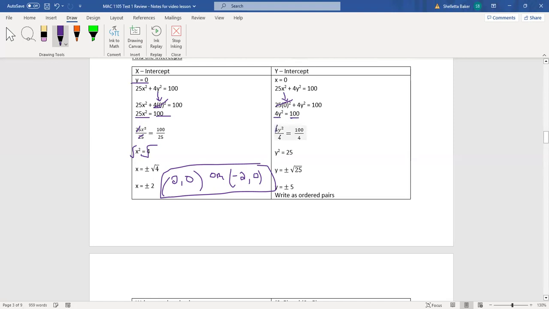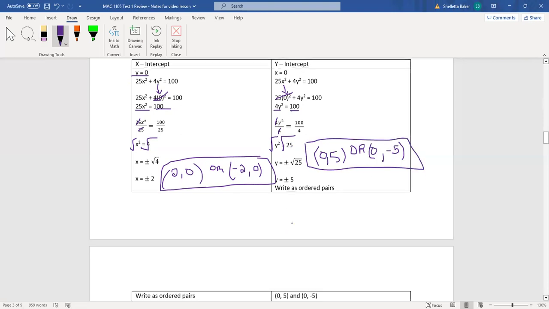The 4s will cancel on the left, leaving y squared equals 100 divided by 4, which is 25. Take the square root of both sides. We'll get y equals plus or minus square root 25. That square root of 25 gives us 5. But we want to write those two values as ordered pairs. So we should write our ordered pairs as 0, positive 5 or 0, negative 5, right? The two ordered pairs. So there we have our intercepts.